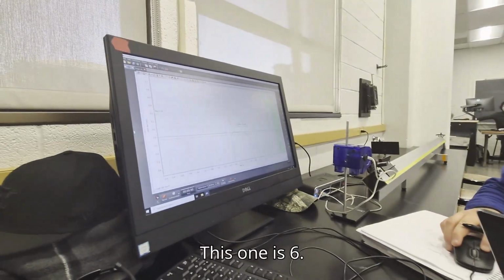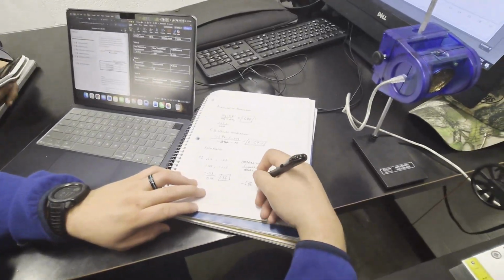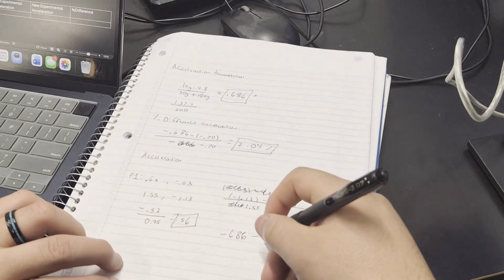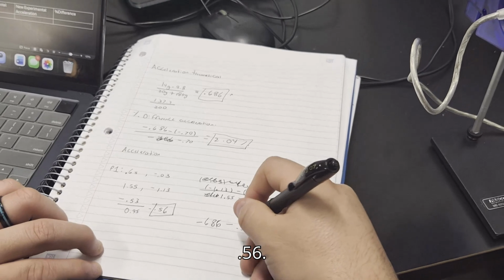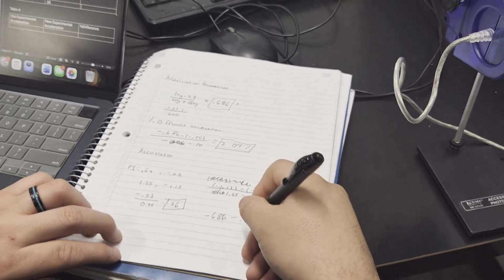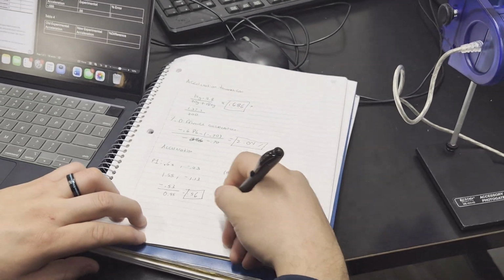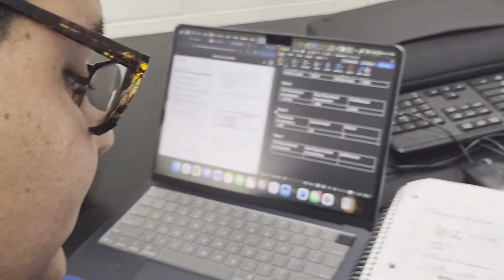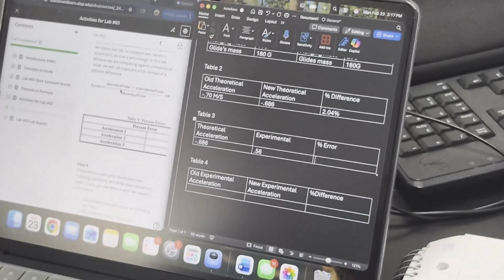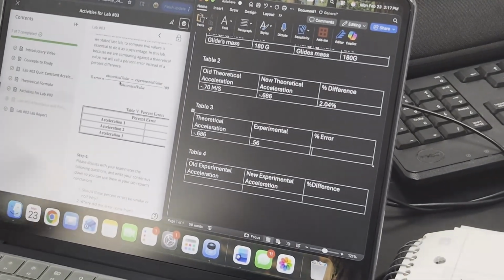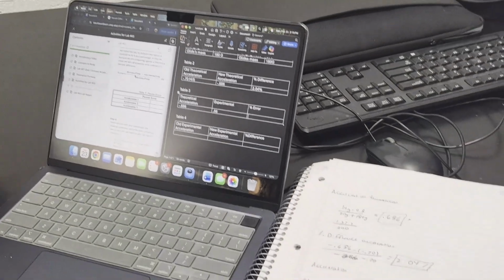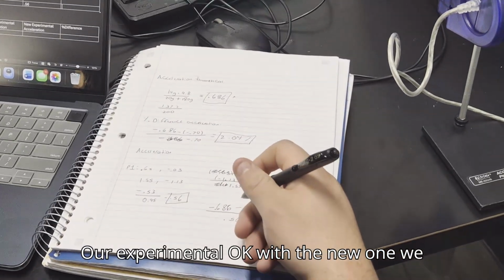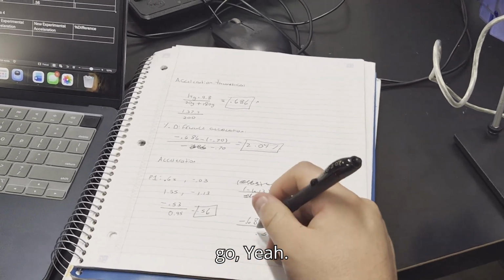This was 6 minus the experimental, which was 0.56. Yeah. And then the bottom is 0.56 again. Oh, it's negative. The experimental? The new one that we got? Yeah, negative.